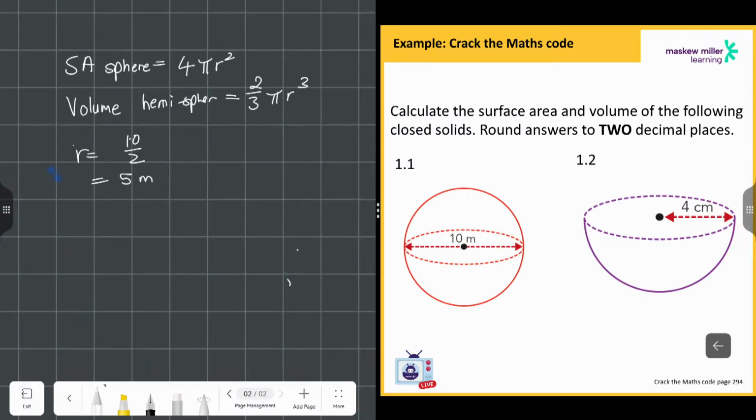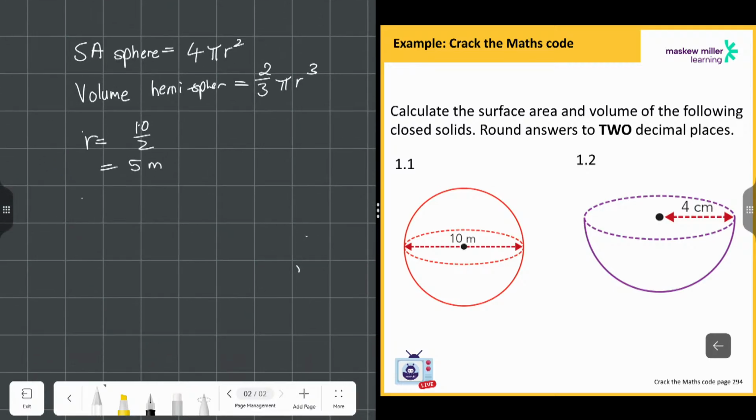We are now going to substitute that into our formula. So 1.1, our surface area, is going to be 4 pi 5 squared. 4 pi 5 squared is 4 pi times 25, and 25 times 4 is 100 pi.